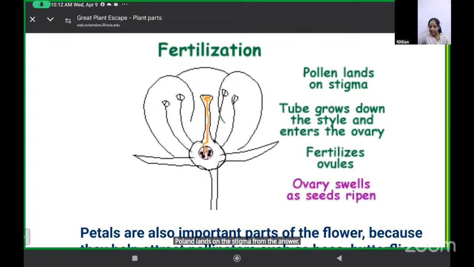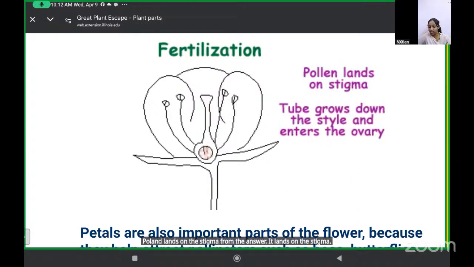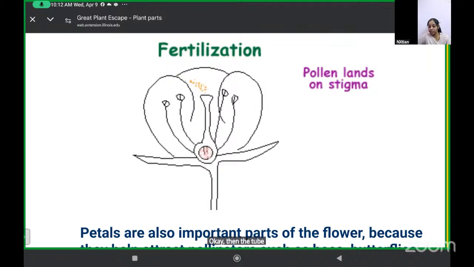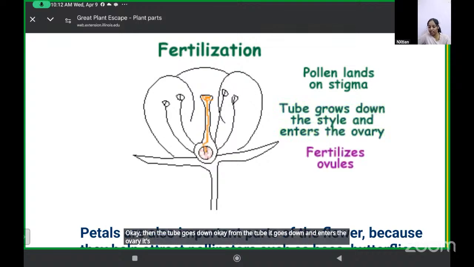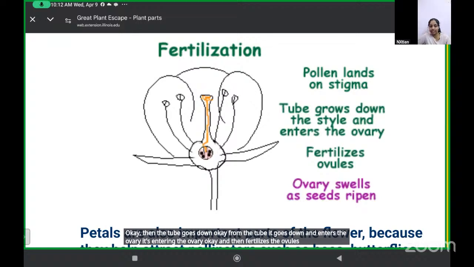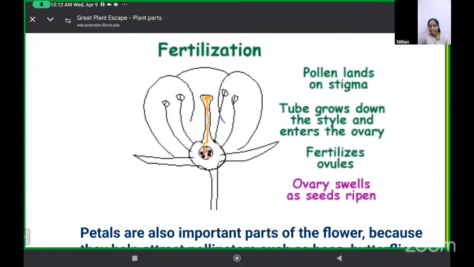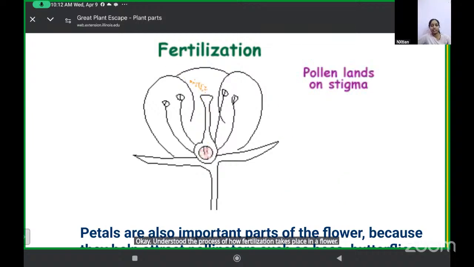Then the tube goes down. From the tube, it goes down and enters the ovary, and then fertilizes the ovules that are inside the ovary. And the ovary swells as seeds ripen. Understood the process of how fertilization takes place in a flower.